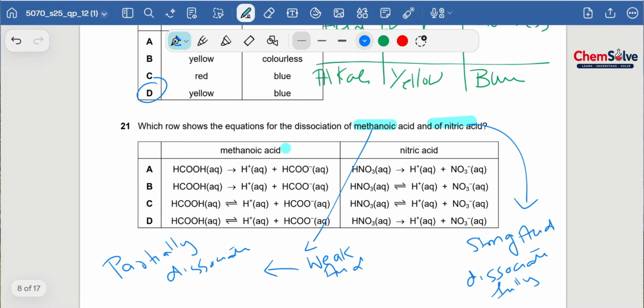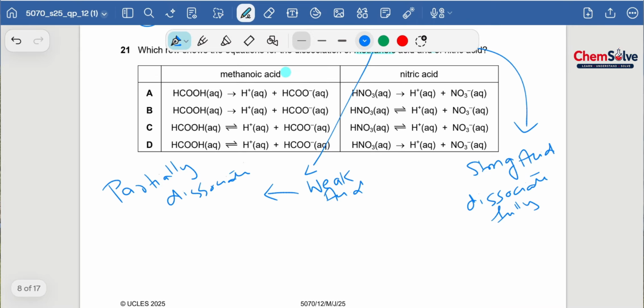Now, keeping this information in our mind, let's write down our own equation and then we'll match our equation with the options. As I said, nitric acid is a strong acid, so the equation for the ionization of nitric acid would be like this. It will dissociate into hydrogen ions and nitrate ions.